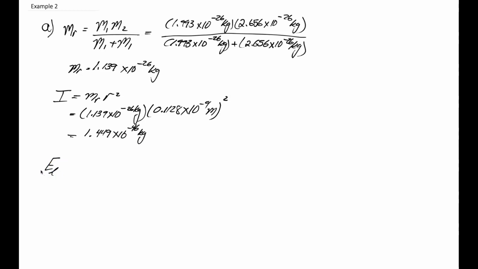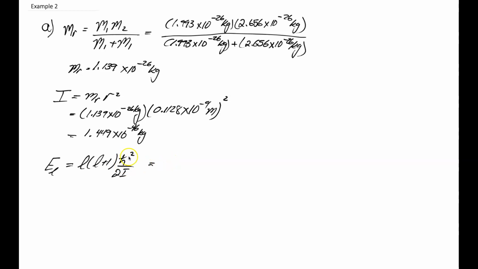And now we can say that the rotational energy levels are given by L times L plus 1 times h bar squared over 2I.